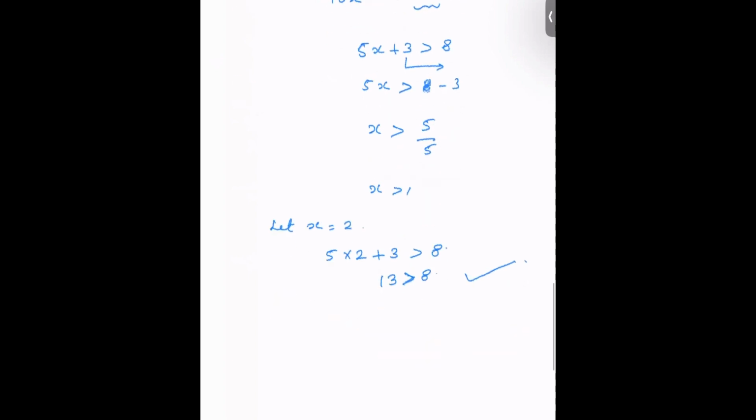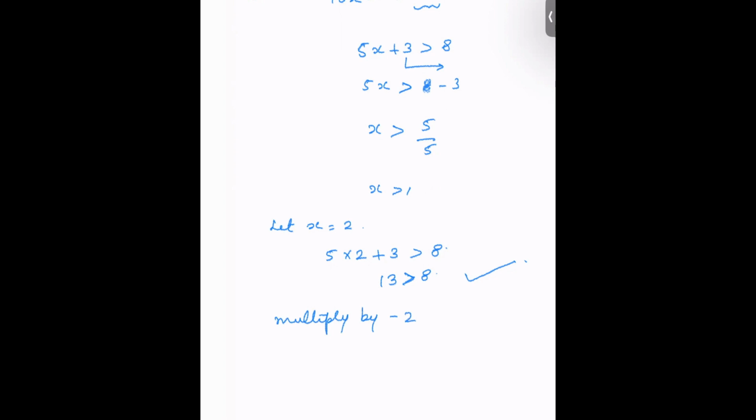Now I am going to multiply this inequality by -2. What is rule number 4 saying? If I multiply with a negative number, you have this inequality, 13 is greater than 8.